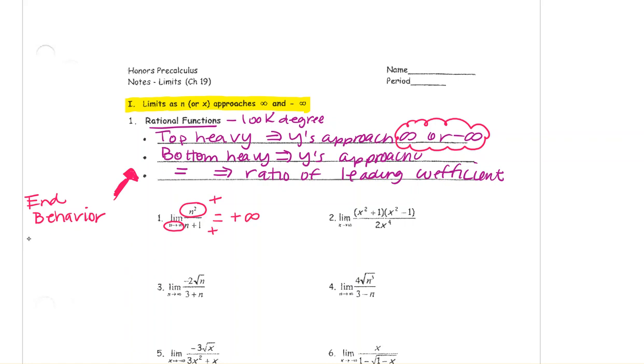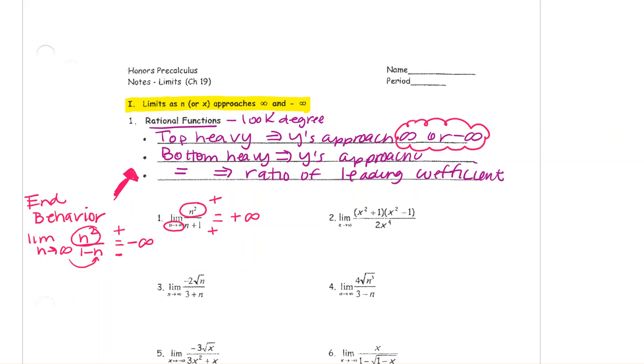As a side note, let's say instead this limit had said as n approaches infinity of n squared over 1 minus n. I just changed one thing. You would do the same idea: this is top heavy. If I plug in infinity and square it, the top is positive. But if you plug infinity into the bottom, 1 minus infinity would be negative. So this limit would actually come out to negative infinity.